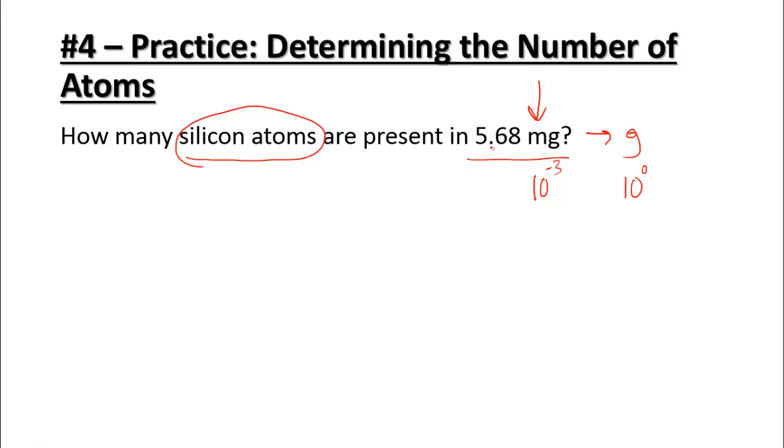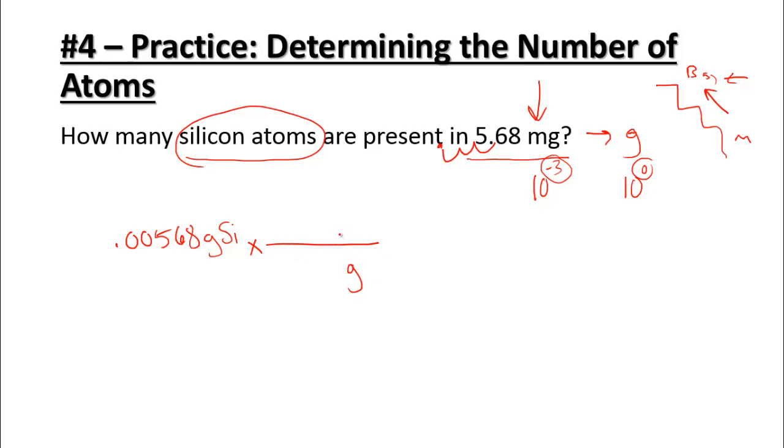So we're going to end up moving it 3 because there's 3 steps between these two. And if you remember the stair-step method as well, milli is down here, the base is up here, so we're going up and to the left. So 3 to the left. So 1, 1, 0, 2 zeros. So we actually end up having 0.00568 grams of silicon.